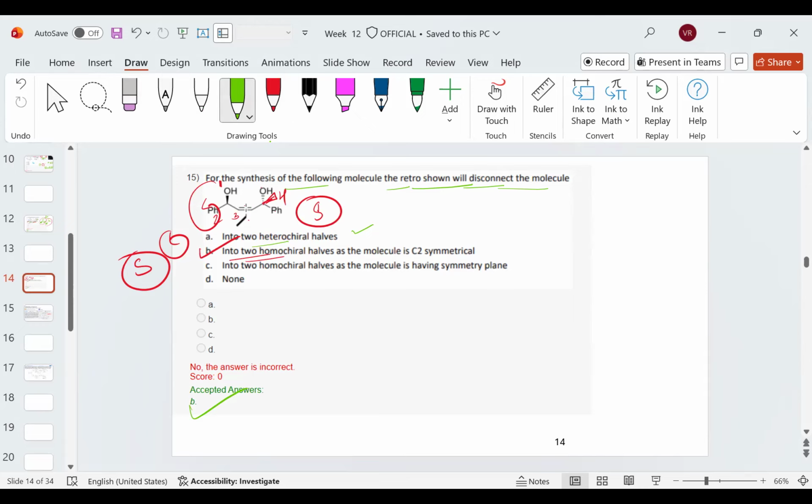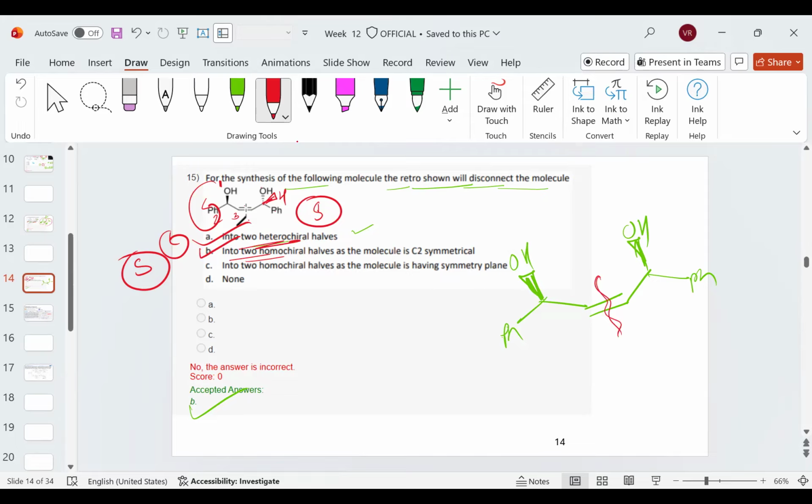Let's just take a similar example, with Ph here and Ph here, and this is OH and OH. If I did the disconnection at this point, this will be into two heterochiral halves.